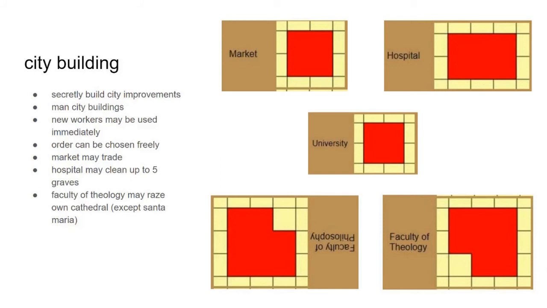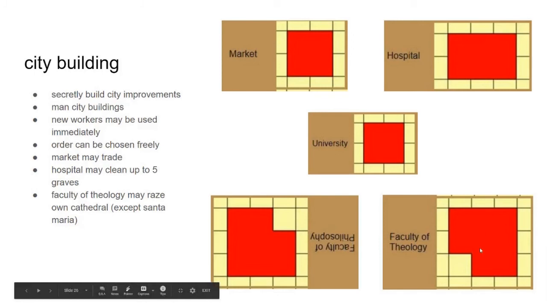Now, you might be wondering why I have put the Faculty of Philosophy upside down. It's not some sort of political statement. So let's say I wanted both the Faculty of Theology and the Faculty of Philosophy's effects to be active in the same turn.